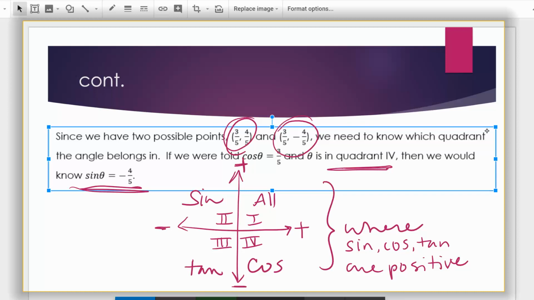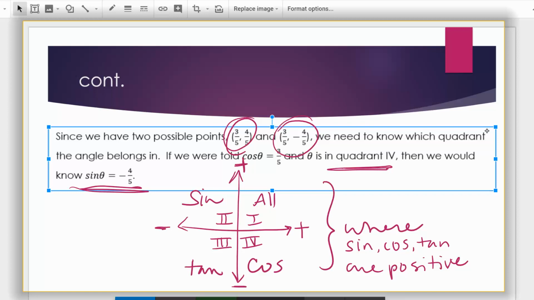So if cosine is our x value, then of course it's going to be positive here. It's also going to be positive up here where they all are positive. If sine is y, then we know that sine is going to be positive here because y is positive in this quadrant. So you can kind of use that to help you remember also.